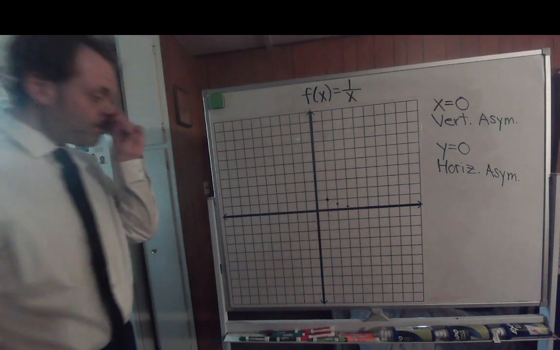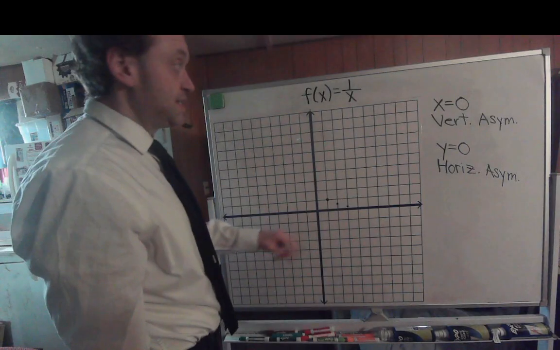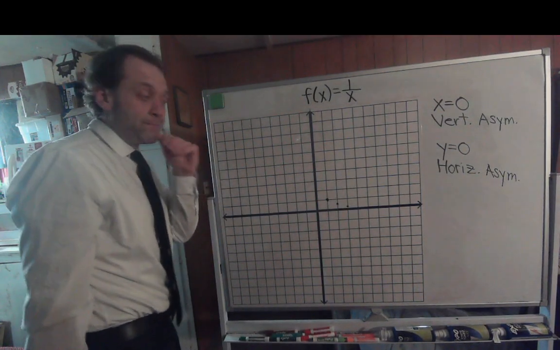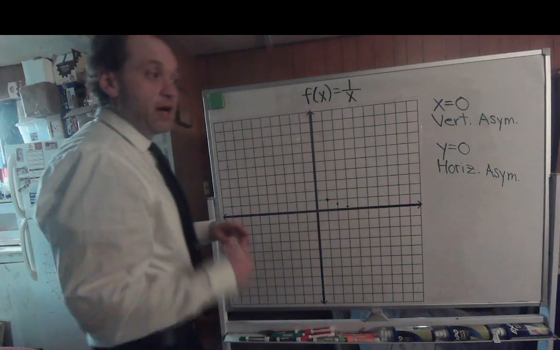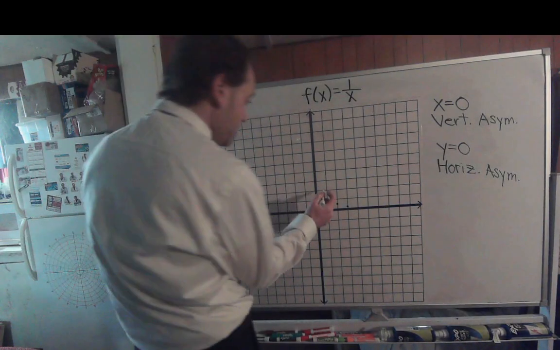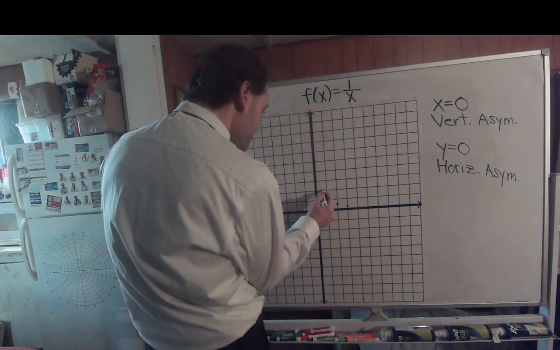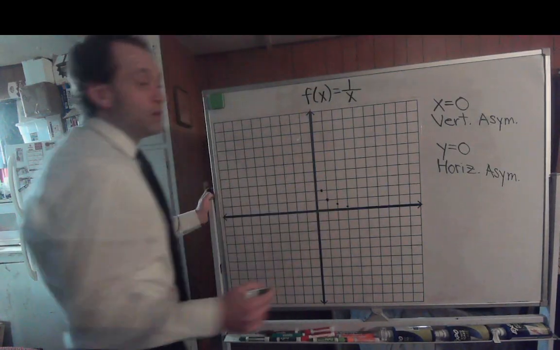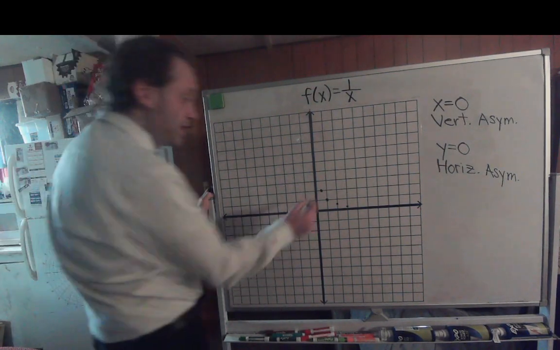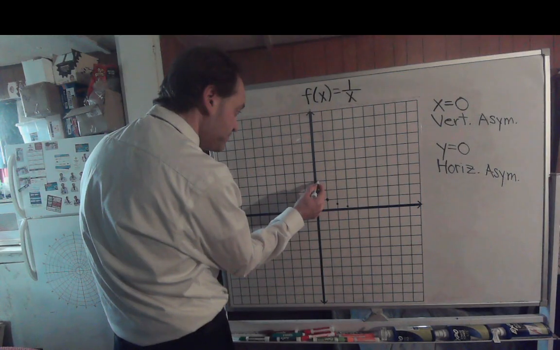Now, let's say x equals 1/2. Well, what is 1 divided by 1/2? That would be 2, right? So when x is 1/2, you have a y value of 2. And then when, let's say, x is 1/3, you would have a y value of 3, right?